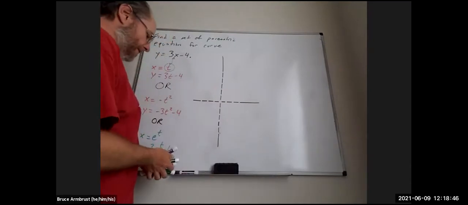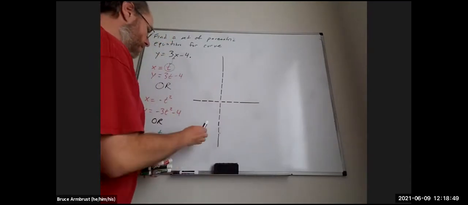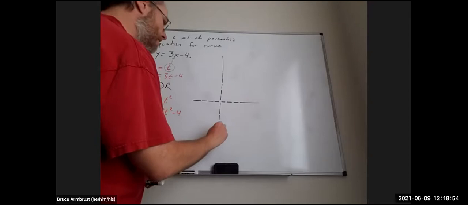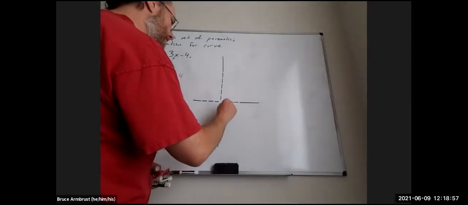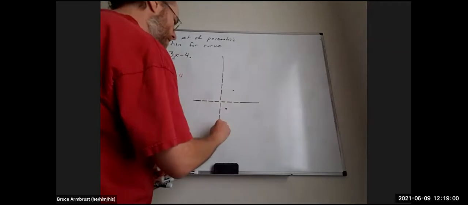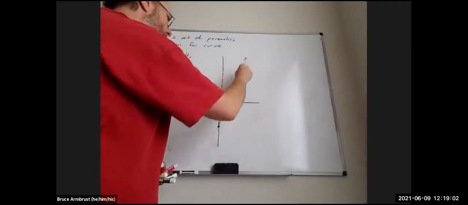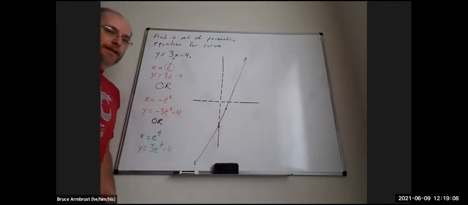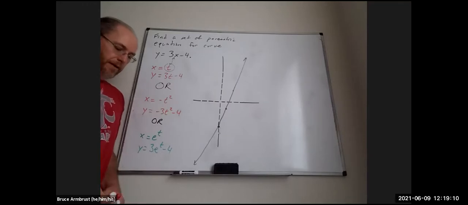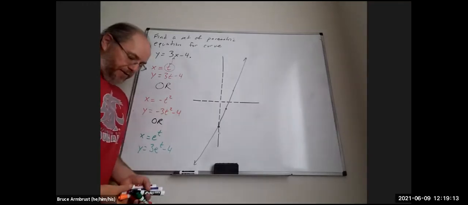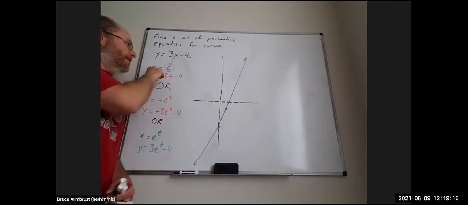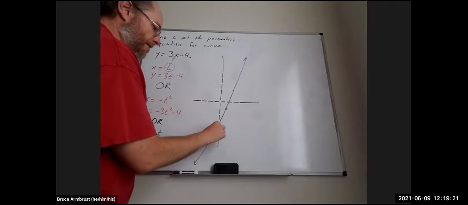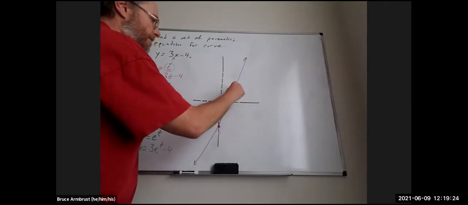We've got an intercept at minus 4, and a slope of 3, up 3 over 1, up 3 over 1. So pretend that that's the line we're looking at. Let's see how we travel this with these different forms. For this one, where x is equal to t, at t equals 0, we're right here. At t equals 1, we're at that next dot. At t equals 2, we're at this point.